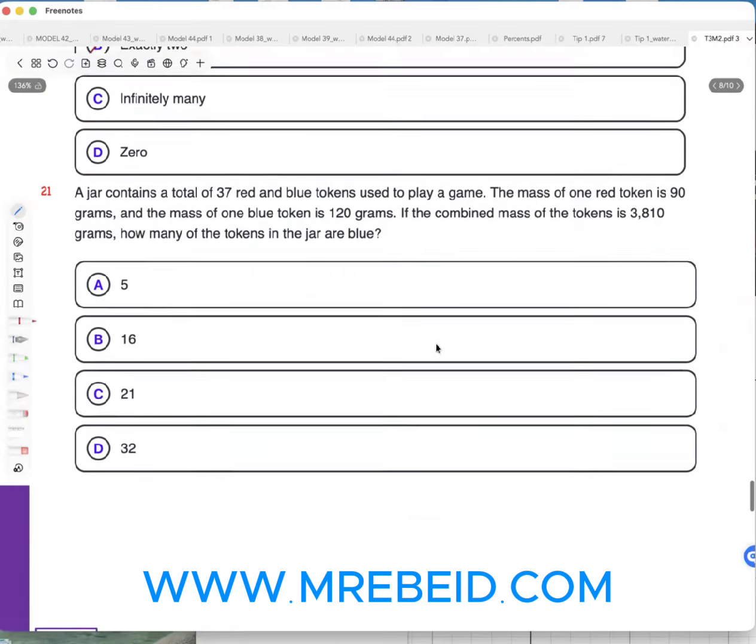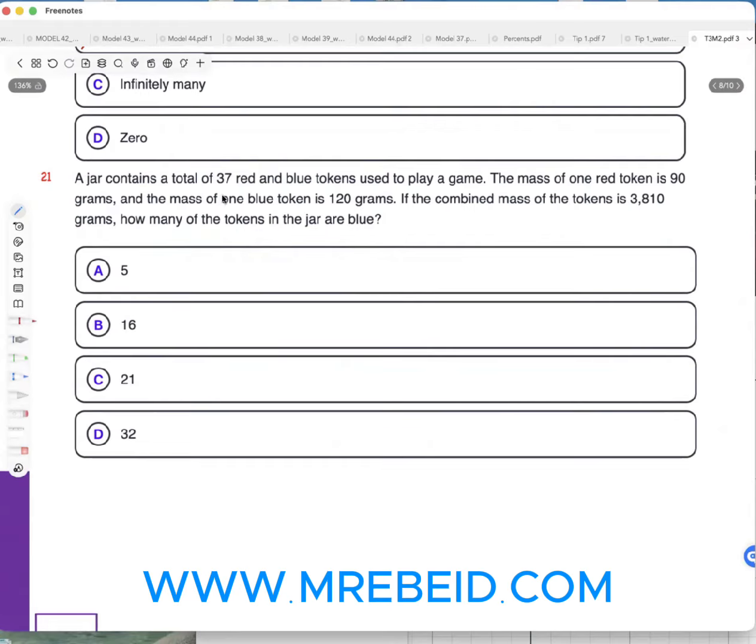Let's move to 21. A jar contains a total of 37 red and blue tokens. So the total is 37. To play a game, the mass of one red token is 90 grams and the mass of one blue token is 120 grams. So we have the mass of each one, and we have the combined masses equal 3,810. How many of the tokens in the jar are blue? In this system of equations, you'll just create two equations.